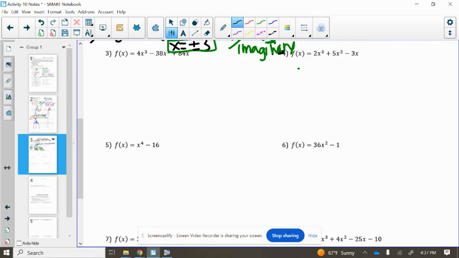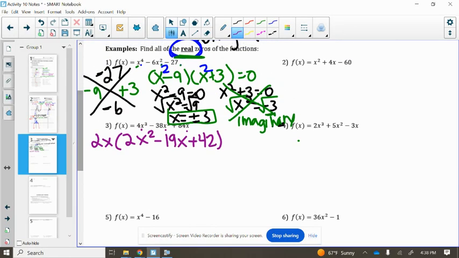Now number 3 is a little bit more complicated. We can start at least by taking out a GCF of all three pieces. So we would have a 2x that can be taken out of each piece. So we have 2x squared minus 19x and then plus 42. Now this is going to be a little bit different than our last problem because we had a 1x to the fourth before.